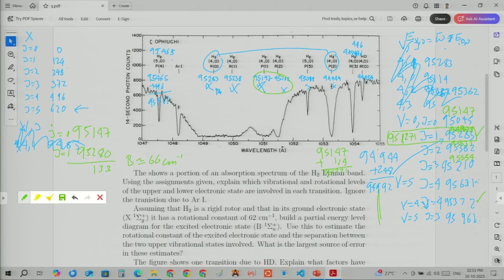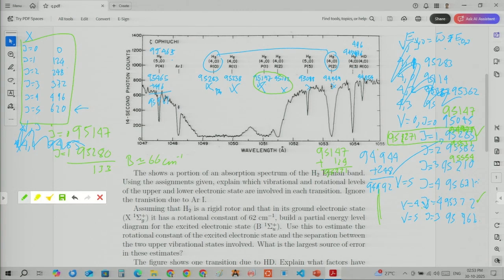Right. This problem from the beginning of stage. So what you have is the energy levels for the ground state. We only need V equals 0 for the ground state. So I've got the first 6 rotational energy levels.